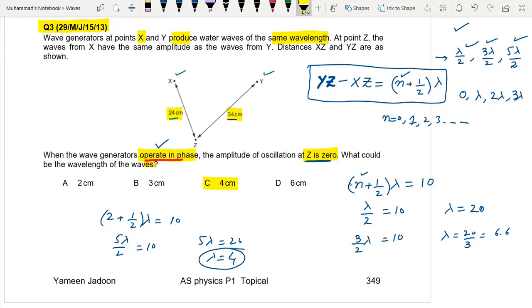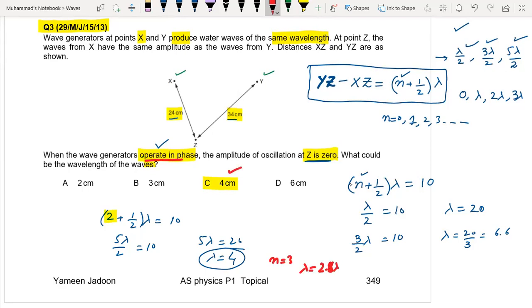When I put n equal to 3, you can verify that lambda is 2.86. So lambda in this case is 4 centimeters.